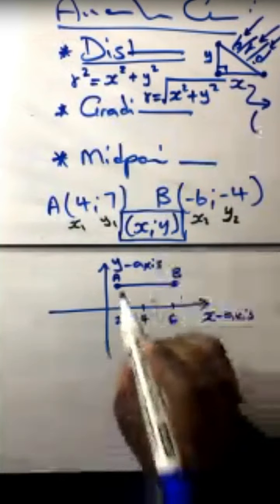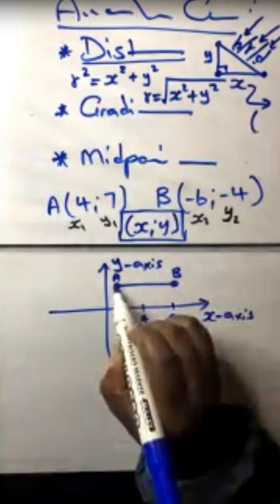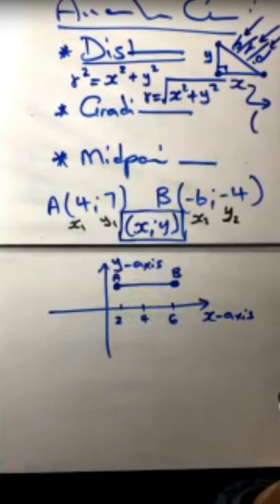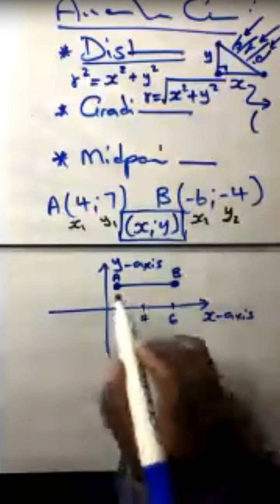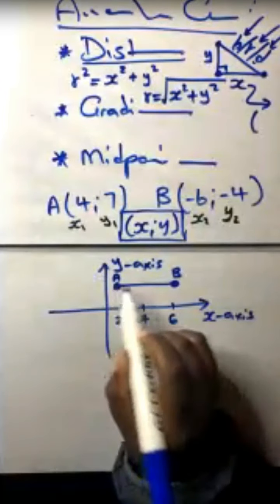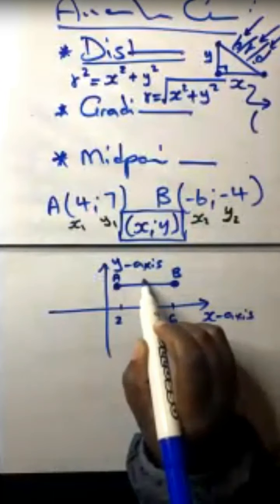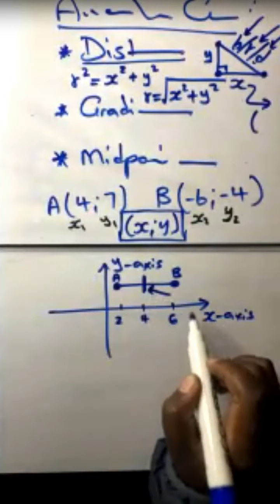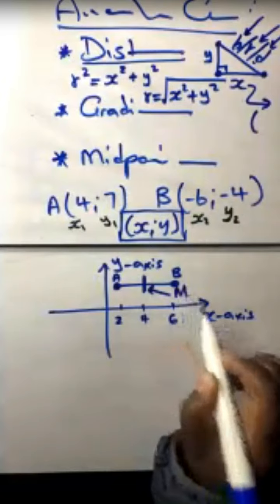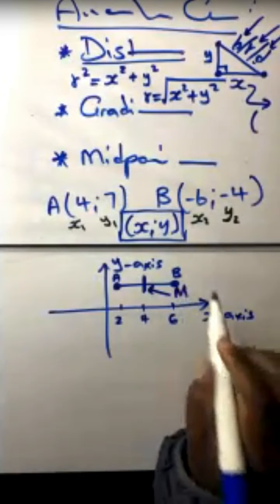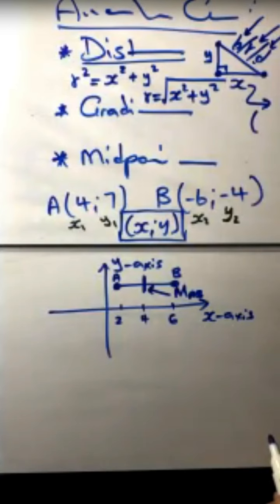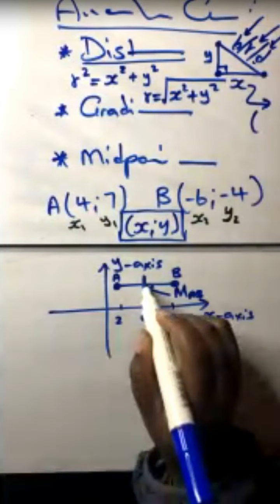So the midpoint is a point between 2 points. That is a midpoint. So it's halfway between point A and point B, which is most likely to be that point over there. So that point is the midpoint of line A and B. So do you see what I wrote, guys?